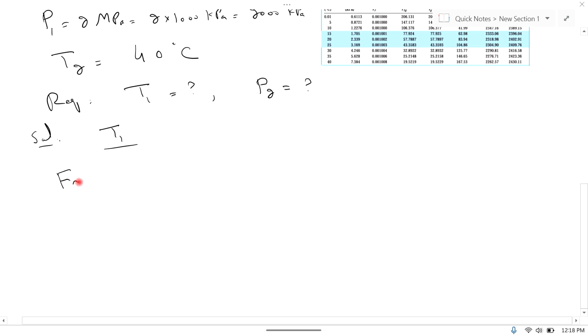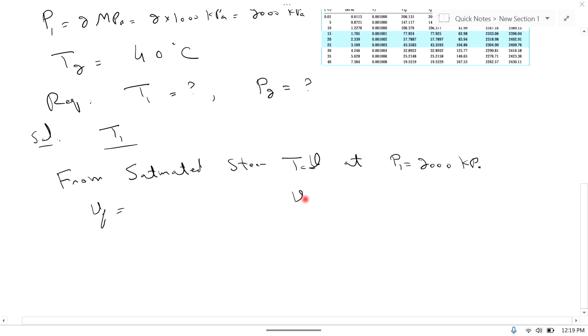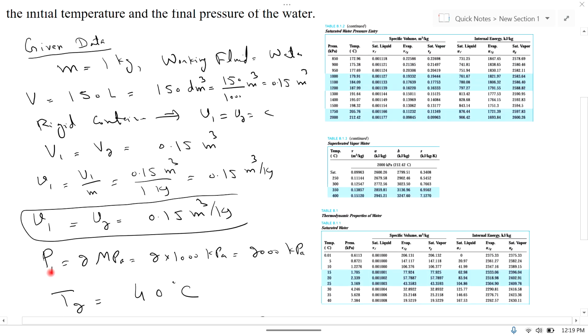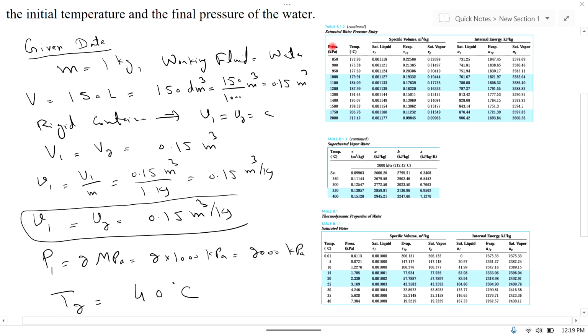So from saturated steam table, at pressure P1 is given to us as 2000 kilopascal, find Vf and Vg. So at 2000 kilopascal, this is saturated water table, this is 2000 kilopascal.